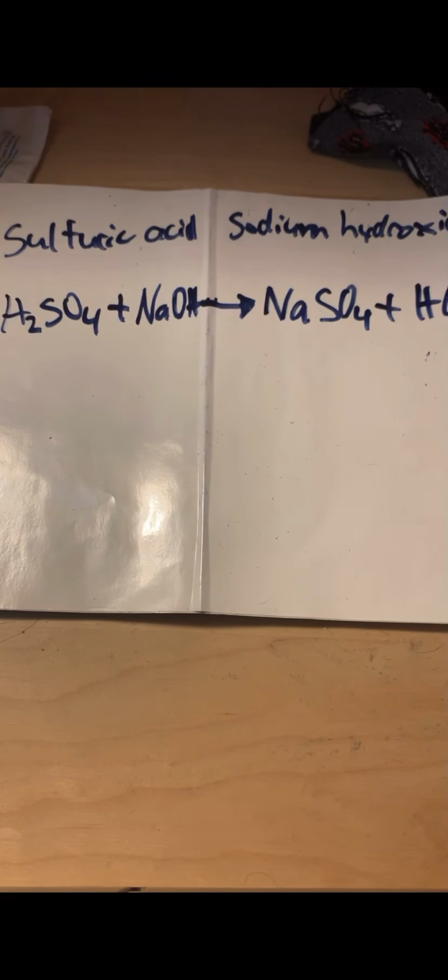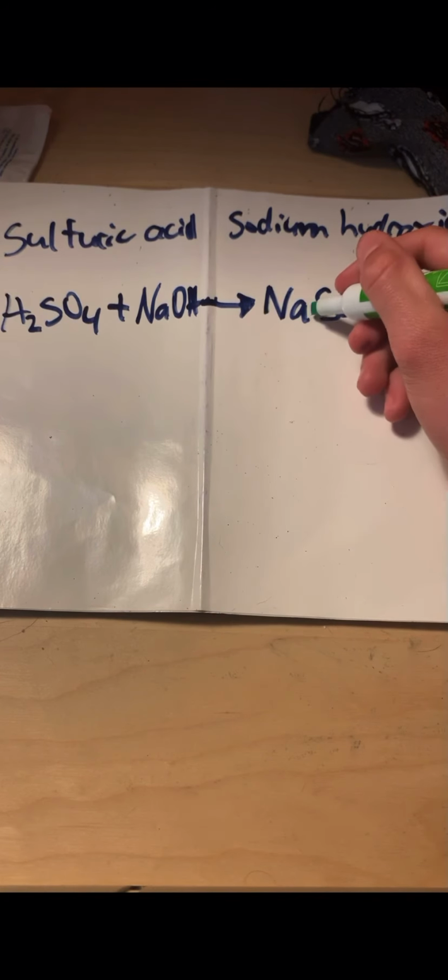Now I'm going to go grab another color so I can draw the changes with coefficients and subscripts. So I'll be right back. I just need another color. Sorry about that. So, to balance this here, the sulfate has a charge of -2.